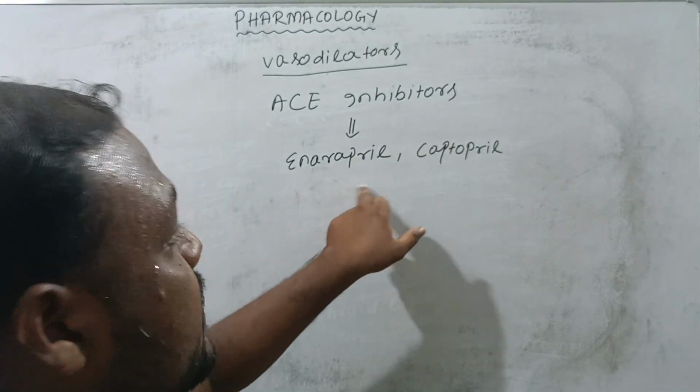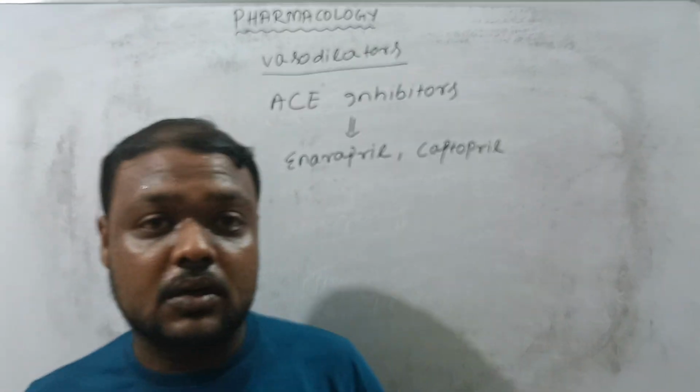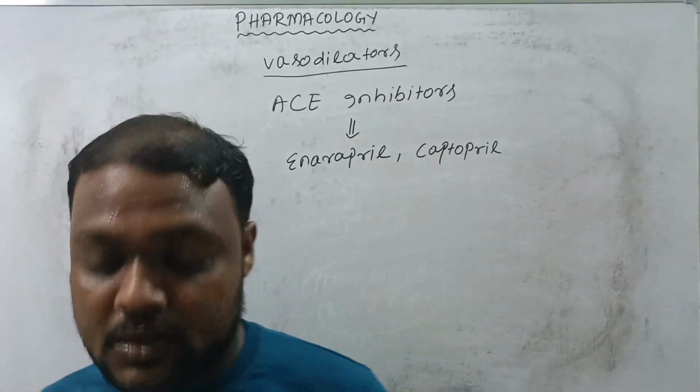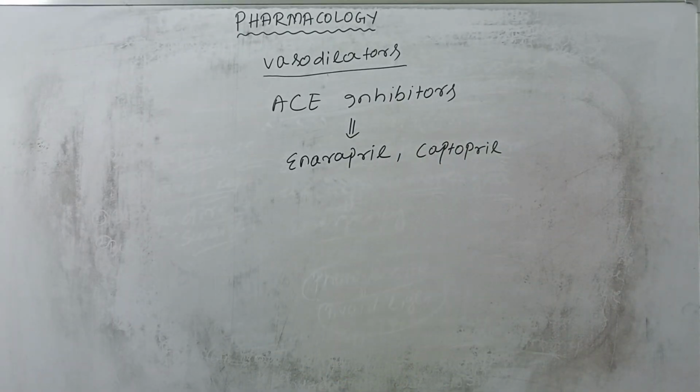The ACE inhibitors are enalapril and captopril. Enalapril and captopril are the drugs under the ACE inhibitor group.